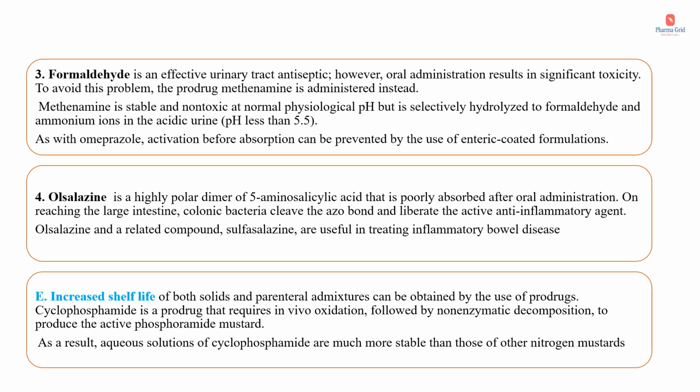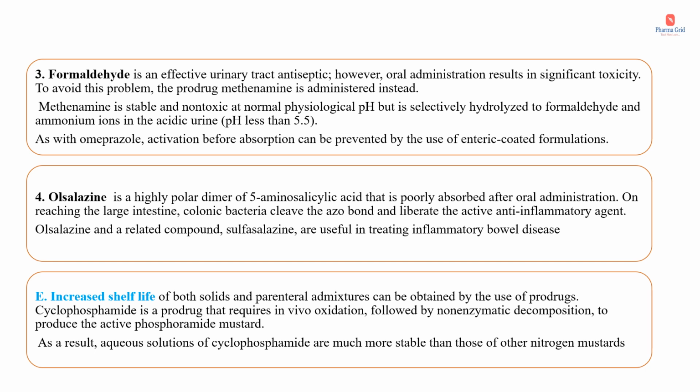Acidic urine means pH less than 5.5. So as with omeprazole, activation before absorption can be prevented by the use of enteric coated formulations. So this methenamine is a prodrug. After hydrolysis, it will get converted to formaldehyde and ammonium ions in the acidic urine.